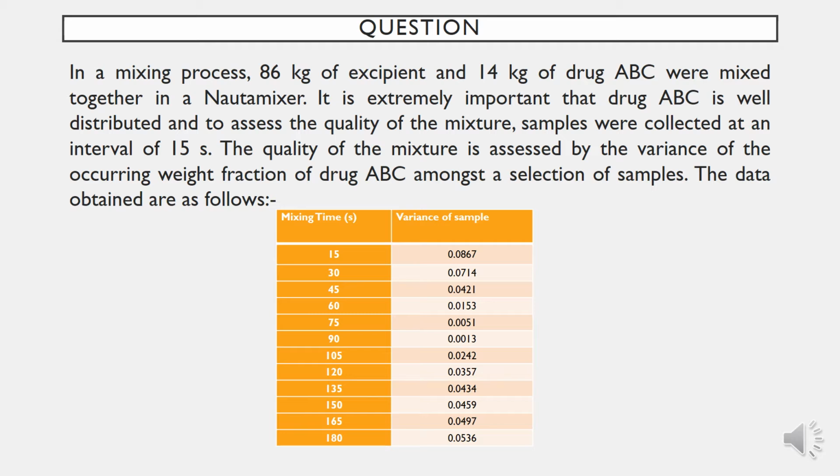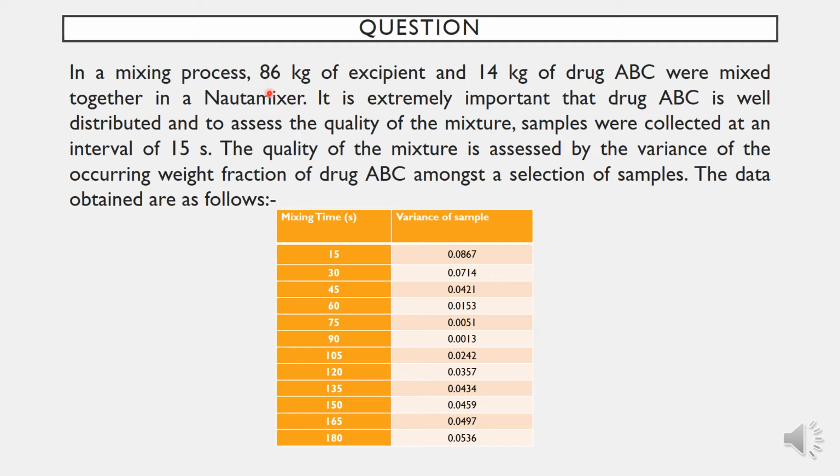In this example, you can see that the question is saying that we have a mixing process where we want to mix 86 kg of excipient. Excipient basically is a filler, and you want to mix this filler to fill out the volume with 14 kg of drug. So the mixture is 14 kg of drug and 86 kg of filler.